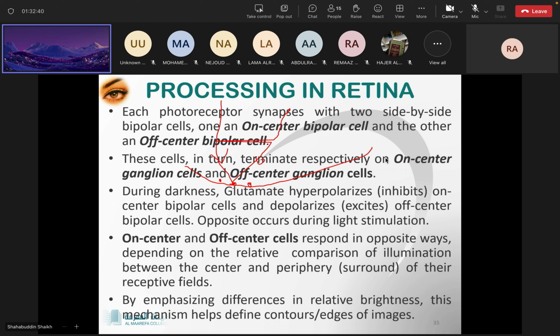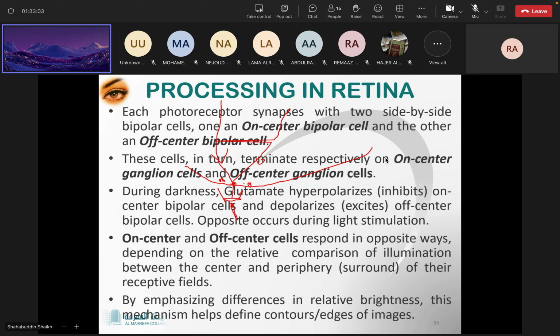So this receptor is activated, and that will cause hyperpolarization, that will cause the bipolar cell to become on center, that is, it will be activated. Hyperpolarization causing activation.